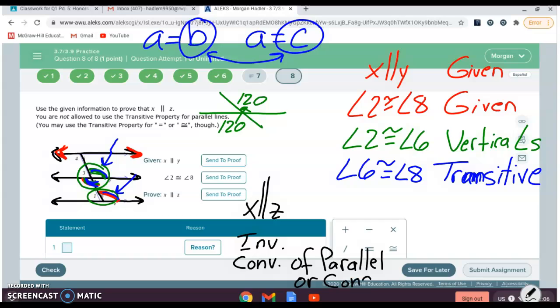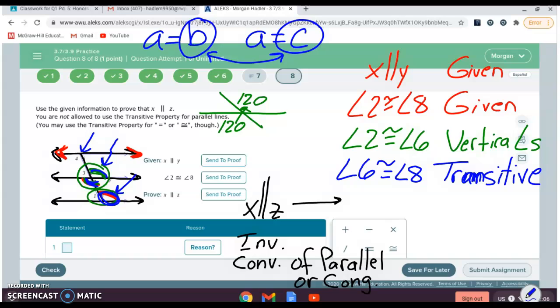Something like that. I don't know exactly what their options are for that, but it'll be something along those lines. So you can either say that right now, or you may have to prove that angle 8 down here is congruent to something up here on X.